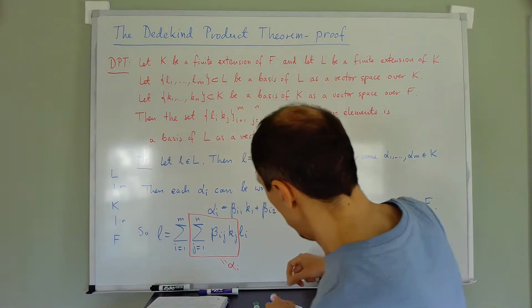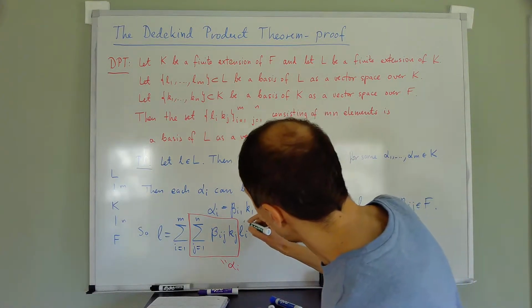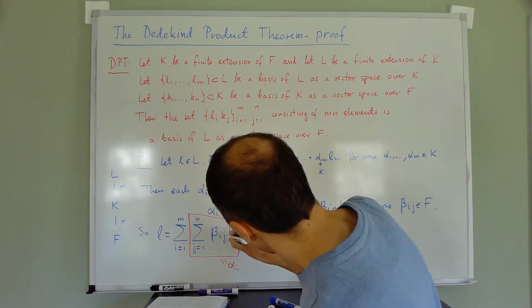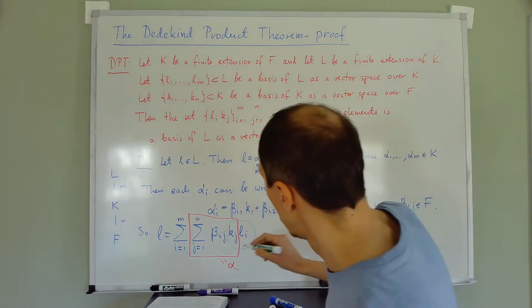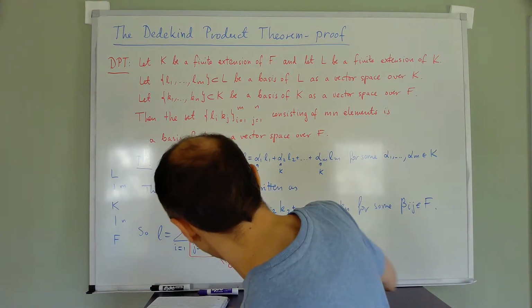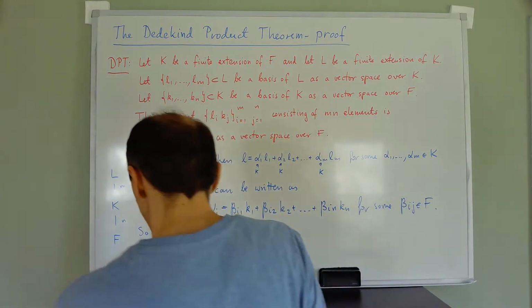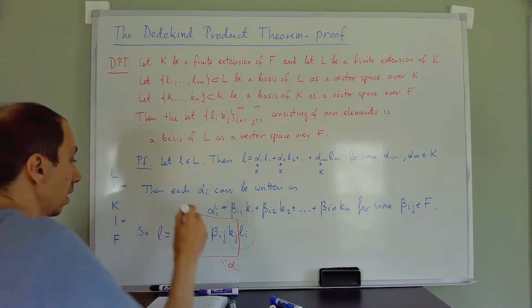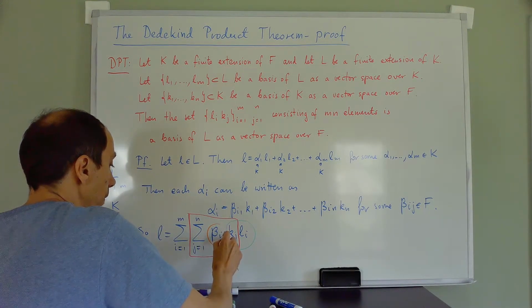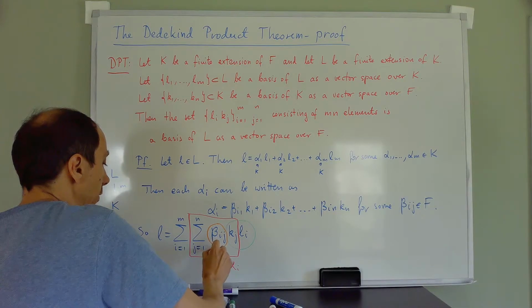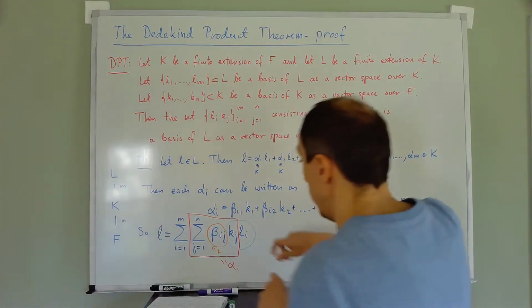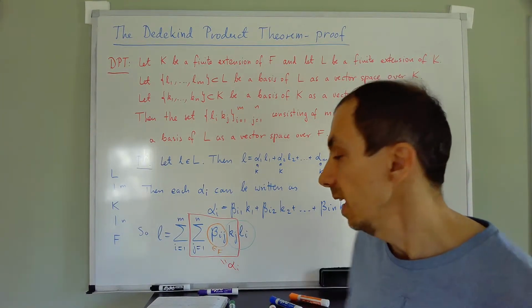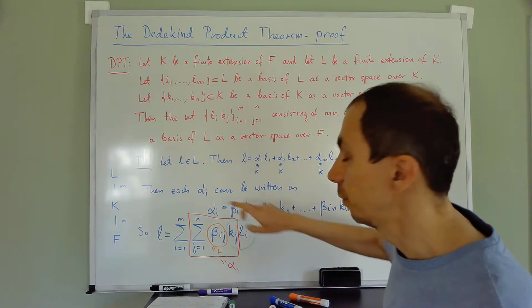Okay, so when you look at this, I now get a combination of these products, just like we claimed. And these numbers here, the beta ij's, are in F. So I was able to write my l as an F-linear combination of the products.